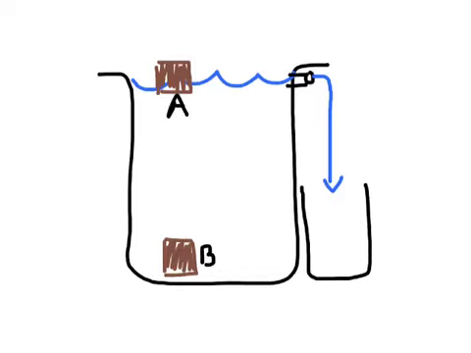By the way, if you have some kind of irregularly shaped object and you don't know how to find its volume, the easiest way is to put it into a container of liquid and find out how far the level rises, the meniscus perhaps on a graduated cylinder, or just like in my diagram here, how much water pours out. Whatever the volume of the water is, that's going to be equal to the volume of B.